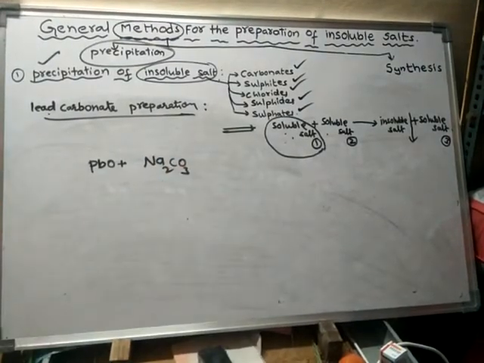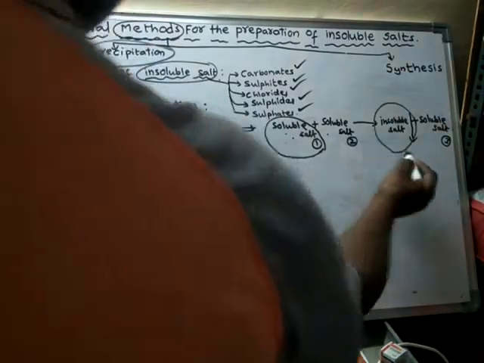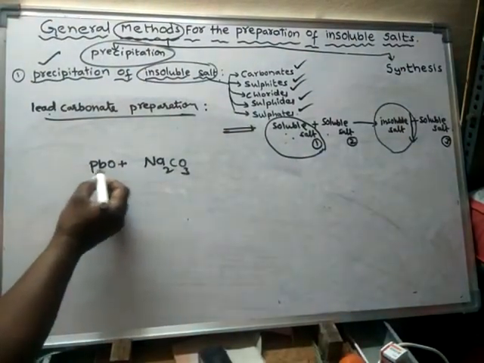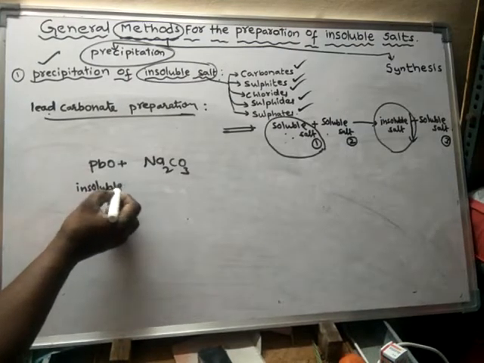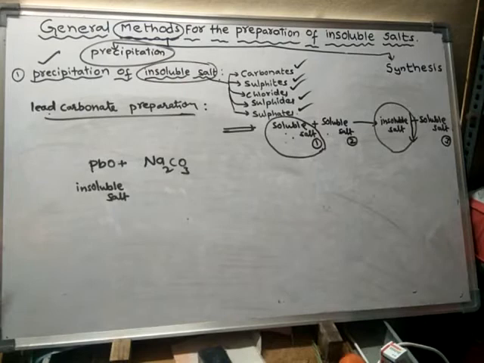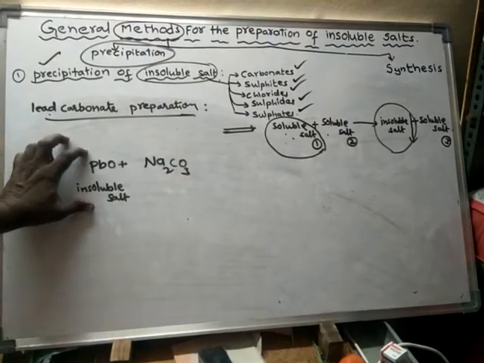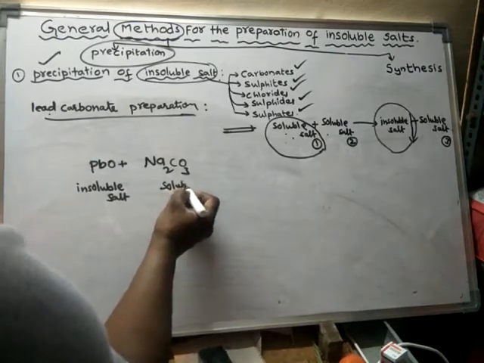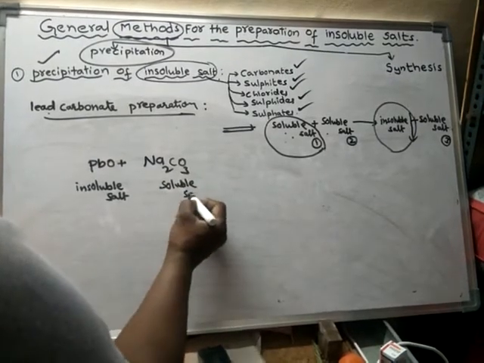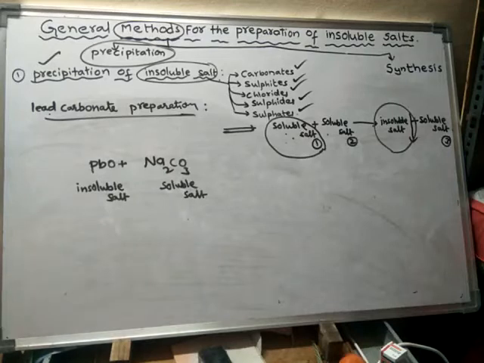Then how to prepare lead carbonate? As lead oxide is an insoluble salt, I cannot prepare the solution of this salt. But this is a soluble salt, so I can prepare the solution of this salt.